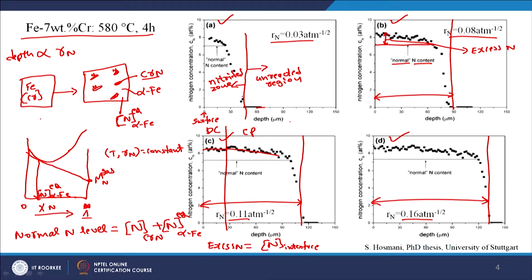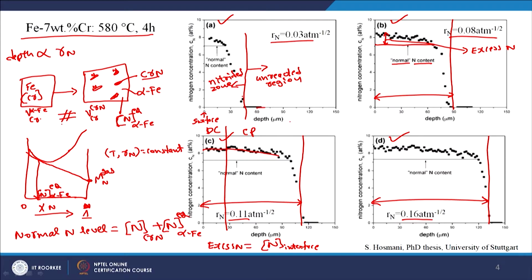The chromium, when in the dissolved state in alpha iron, occupies a certain volume, and after precipitation the volume occupied by chromium in the chromium nitride is different; these two are not equal.